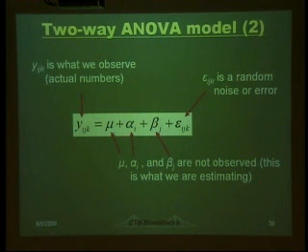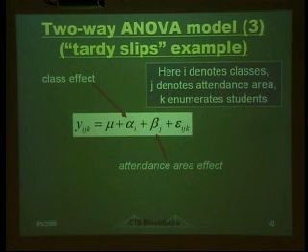Alpha is for our classes, it's one factor, and beta is another factor, our school attendance area. Suppose we have just within school attendance and outside school attendance, so we have only 2 levels in the second factor. Class effect and attendance area effect. This is how we statisticians usually call it.